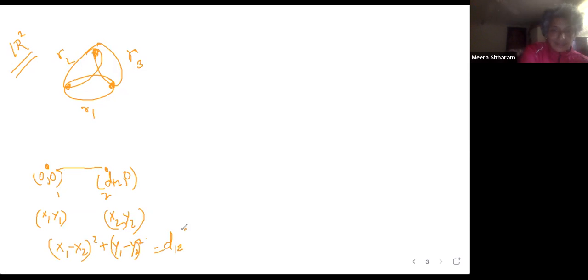What we're essentially saying is that we don't know where x1, y1 is, so there's a translation here, and we don't know how this might be rotated in general. So there are 2 translational variables and a rotational variable that will take us from 0, 0, d12, 0 to x1, y1, x2, y2, plus the fact that we know one of the distances is d12.